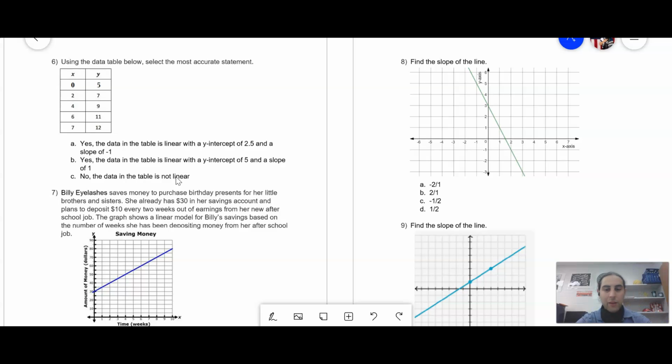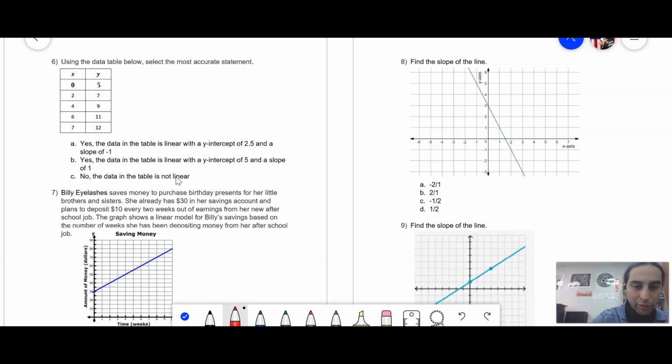All right, so let's find out if this is linear. So once again, we're going to do the bird beaks. 5 up to 7 is 2. 7 up to 9 is 2. 9 to 11 is 2. 11 to 12 is 1. Okay, on the left side, 2, 2, 2, and then 1.